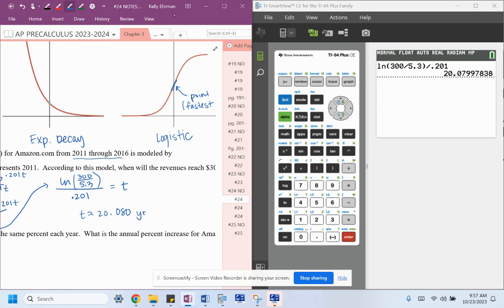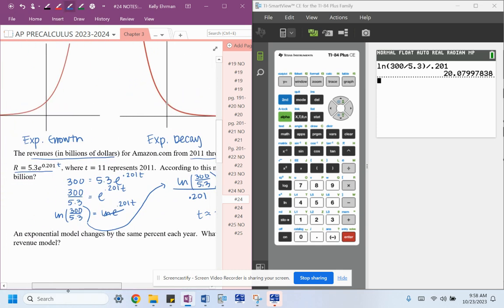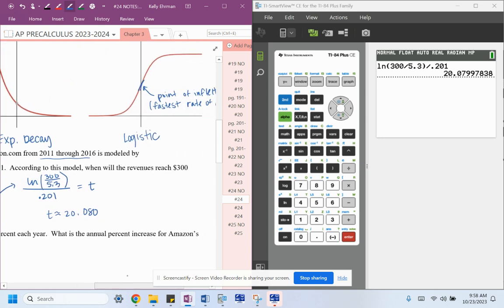This equates to what year we're in. 11 was 2011. So if t is about this, let me see how the question is phrased. When will the revenues reach 300 billion? So this is years since 2000, I guess. So I would just say during 2020.